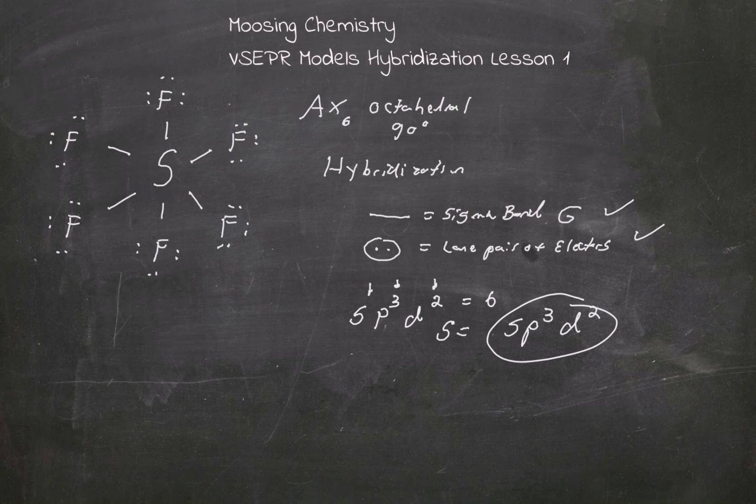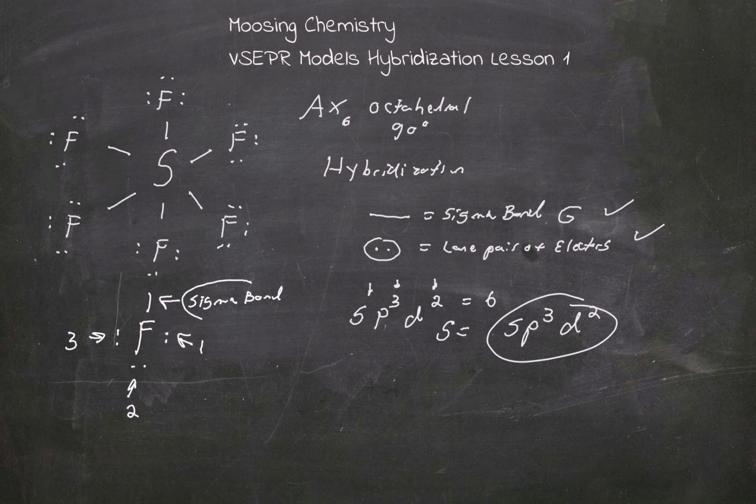So if you look at F, F has 1 sigma bond, and it has 6 valence electrons. But remember, they're called lone pairs. So this would be pair 1, pair 2, pair 3.